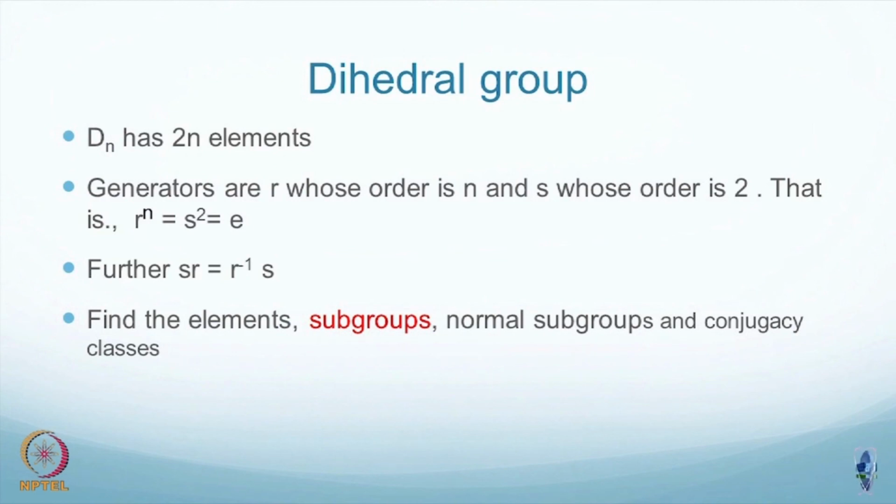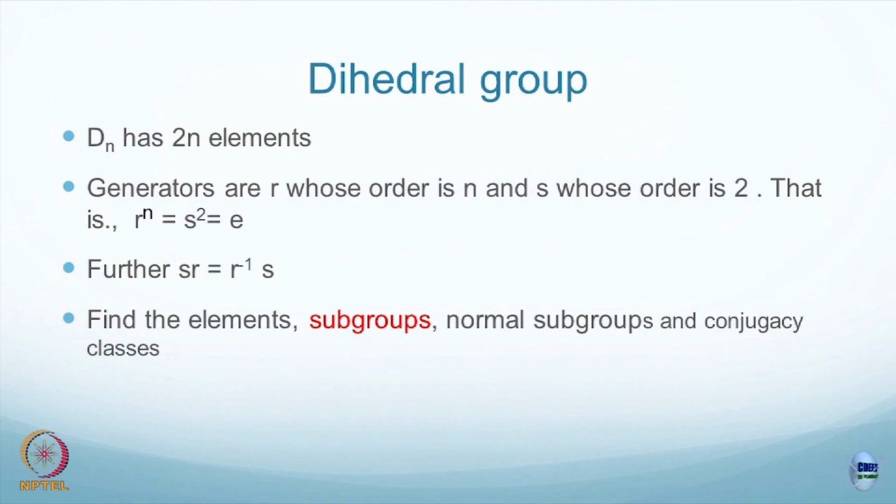Now, given these 2 constraints, I also give you one more constraint: SR is R inverse S. Using these conditions, just like we played around with A squared equal to B cube equal to identity, then AB equal to B squared A, we made a multiplication table.